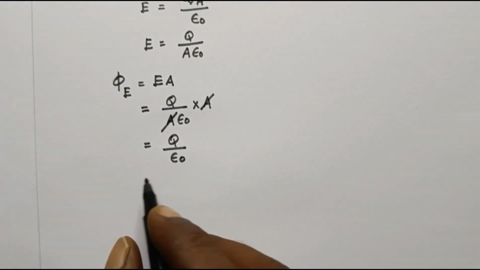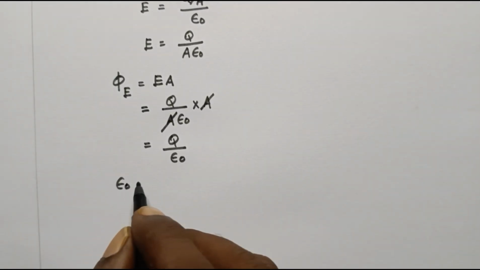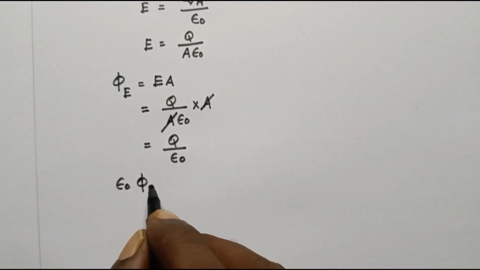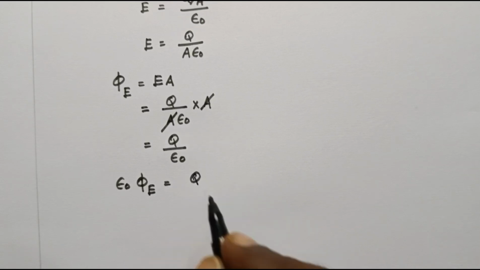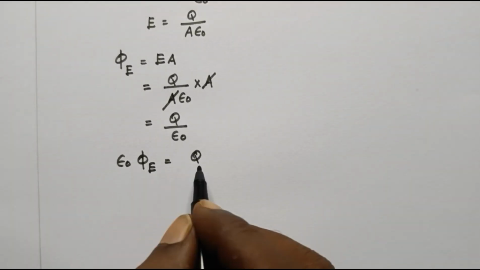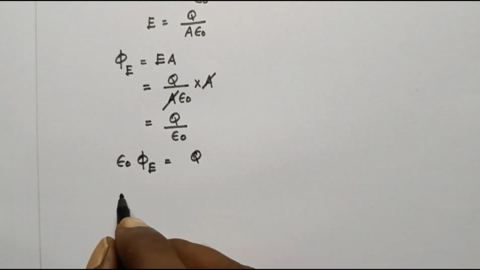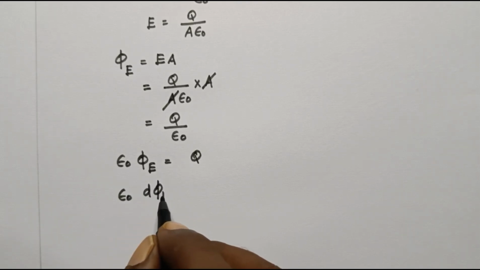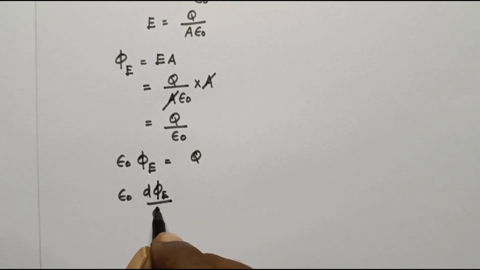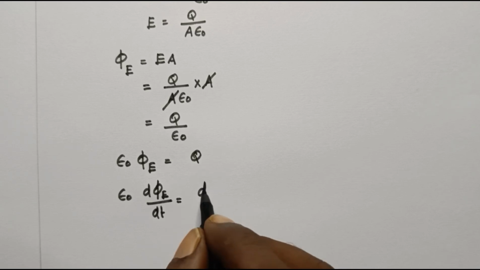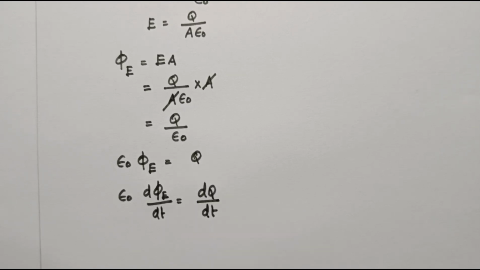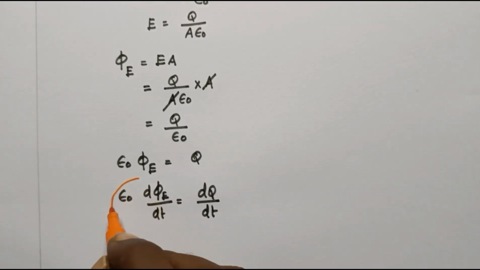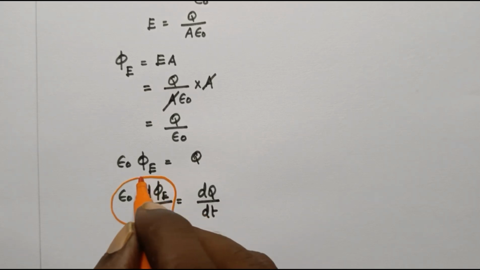If we cross multiply, we will get epsilon 0 phi suffix E is equal to Q. Differentiating on both sides with respect to time, we will get epsilon 0 d phi suffix E by dt is equal to dq by dt. This term is nothing but the displacement current.